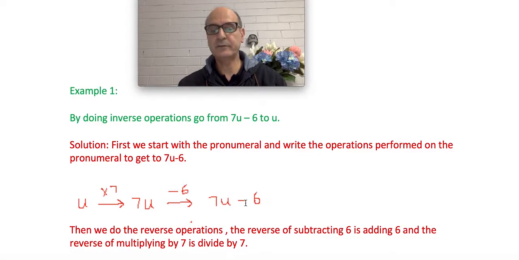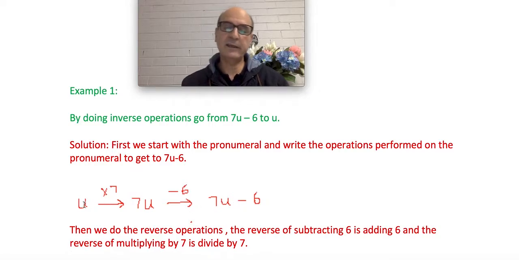It has become 7u minus 6. The first operation is we times it by 7, so that gives us 7u. Then we take away 6, so we end up with 7u minus 6.